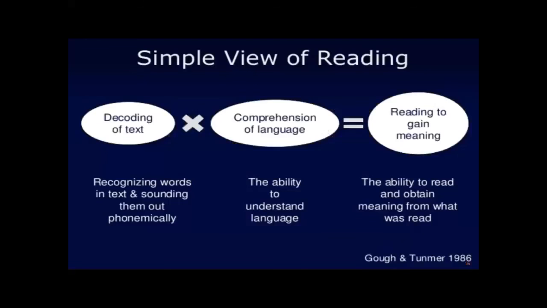So you need to have decoding skills and comprehension of language to gain meaning. I think sometimes, especially in those early grades, we focus so much on those foundational skills that sometimes we leave out the vocabulary and the background knowledge, but it takes both of those together to gain meaning from a text.